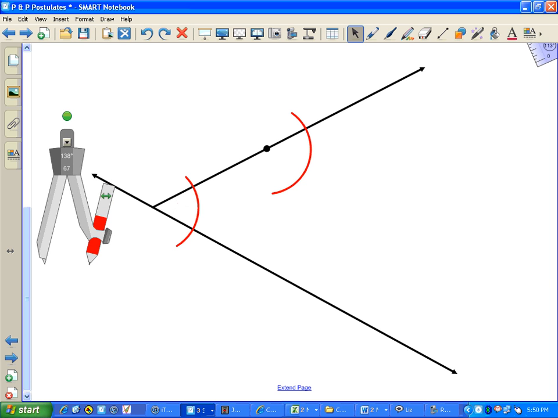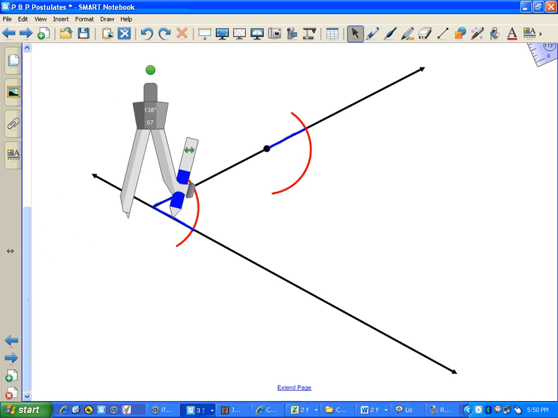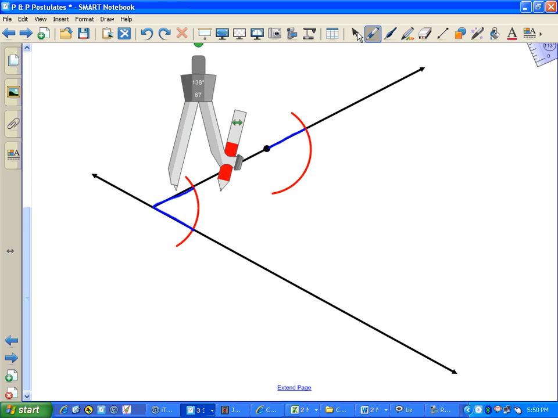Okay, so now I've got points that are equidistant from the vertex. This is the same distance as this is. This is that same distance again. I just need to find how far I need to be away.